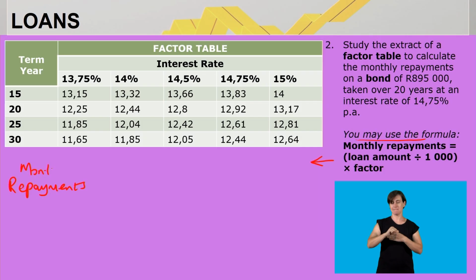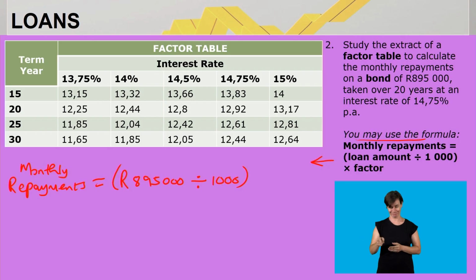This is our monthly repayments equals the loan amount. All right, now let's see what is the loan amount again. The loan amount is 895,000 rand, divided by 1,000. Thereafter, we must multiply that by the factor.